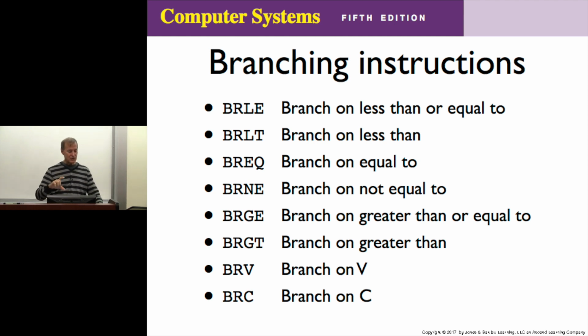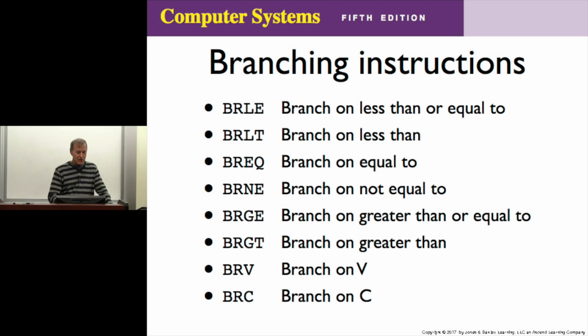Those first six that we just enumerated are all the possibilities for comparing quantities: less than or equal to, less than, equal to, not equal to, greater than or equal to, greater than. Then there are two other ones, BRV, which is branch on V, and BRC, which is branch on C. Now what was the V bit used for? Overflow, interpreting as a signed integer.